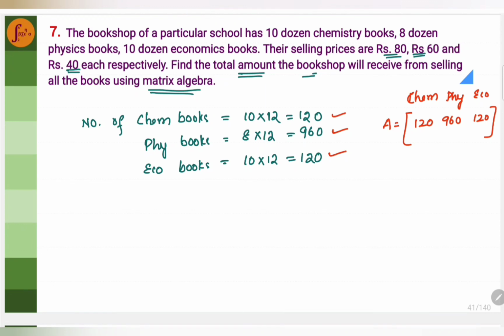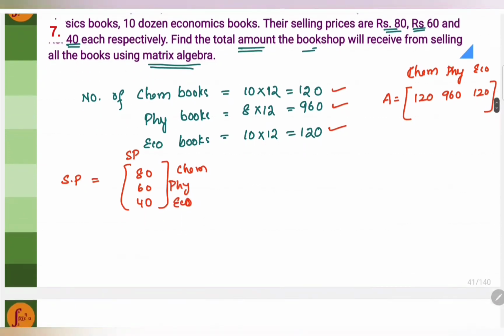This is matrix A. Then the other matrix is 80, 60 and 40. The selling price for each of these books is 80, 60, 40. This is chemistry, physics, economics, in this order. Let's call this matrix B.